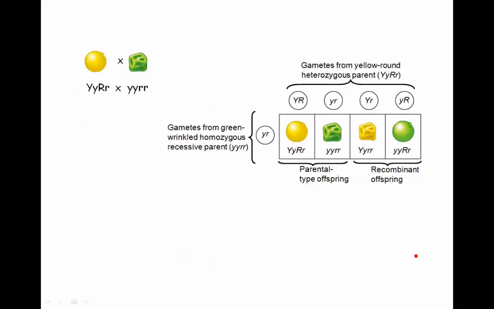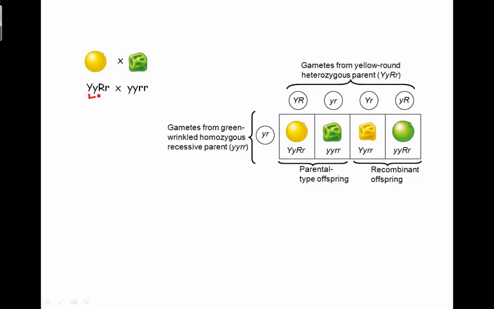Now, if we review Mendel's experiments, he looked at a number of seed characteristics, including seed color and seed shape, which is the example we're looking at here. From this parent, we would expect any combination of the Y's with the R's, based on his law of independent assortment.